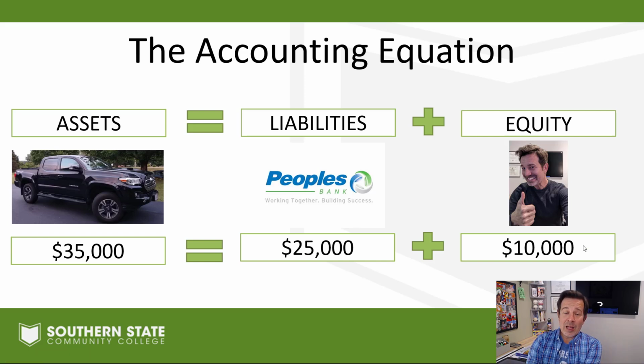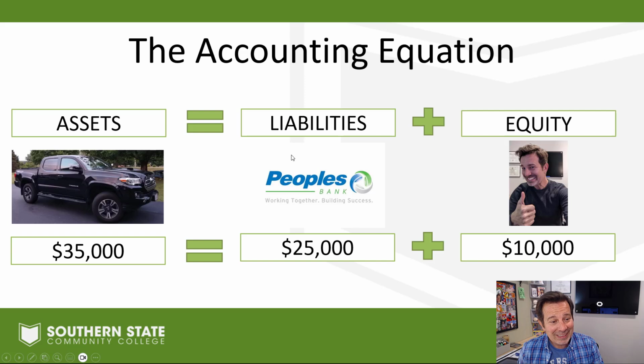I have $10,000 of ownership in that truck, equity, that I put into it. The rest I had to borrow. Stuff is equal to claims to stuff, creditor, owner. All right, and what happens as I pay that amount off? The liability goes down and my equity goes up, doesn't it?